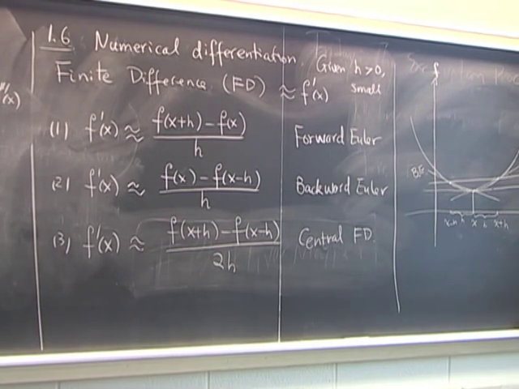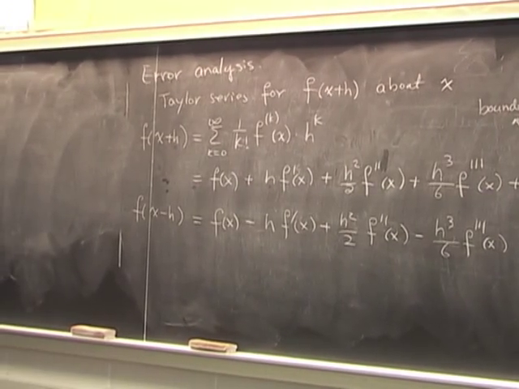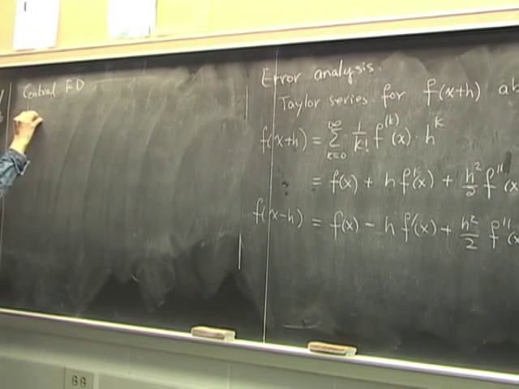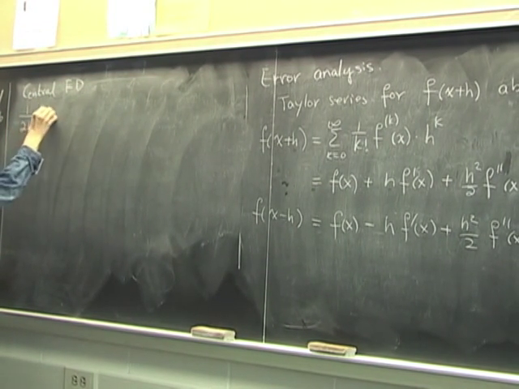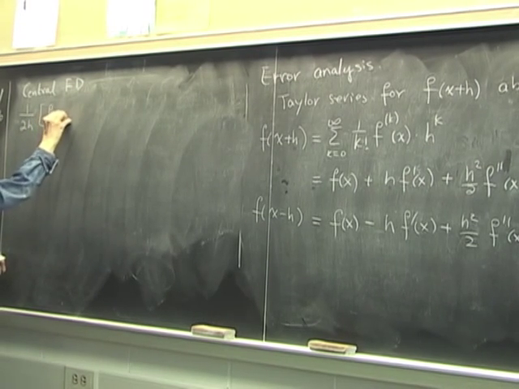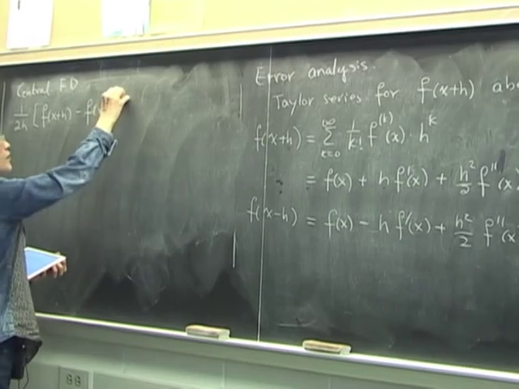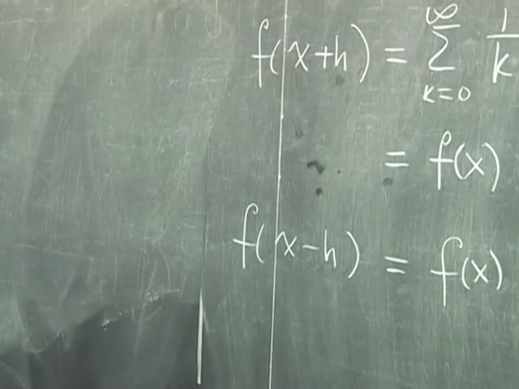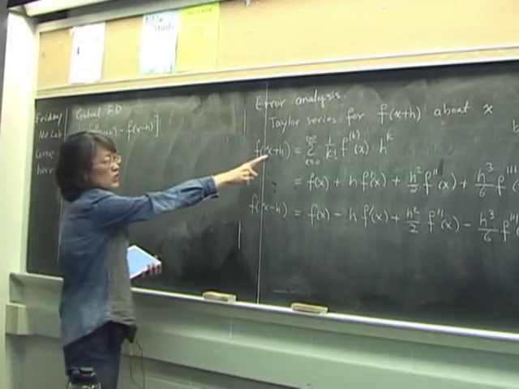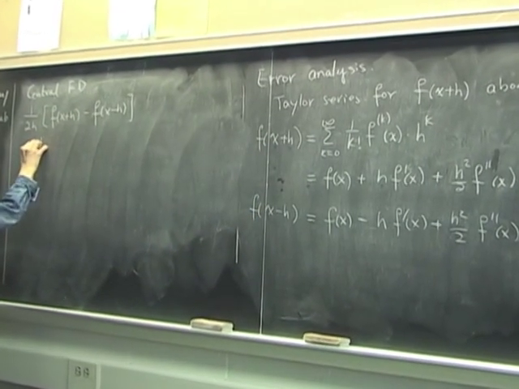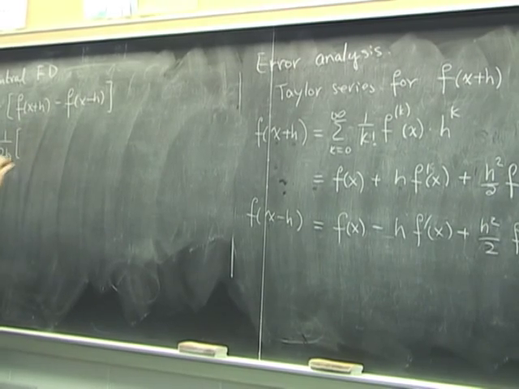Okay, so I will do it here. So the central finite difference. Let me write it. It's 1 over 2h of f(x plus h) minus f(x minus h), right? So I throw in the Taylor series for this and for that. Let's see, what do I get? 2h.